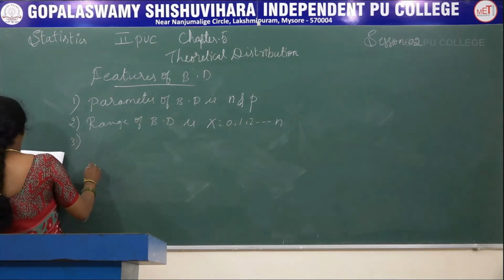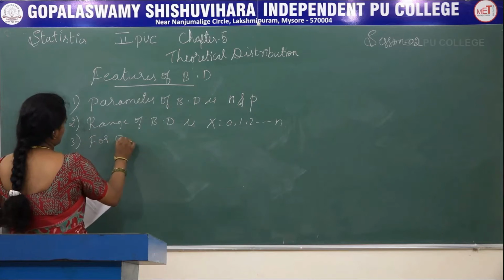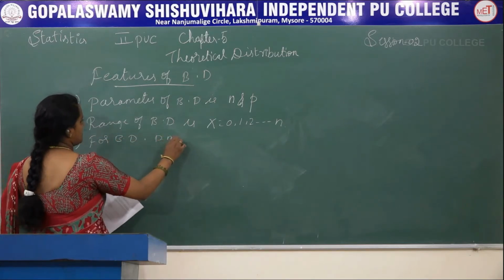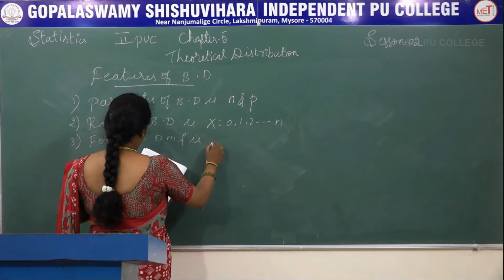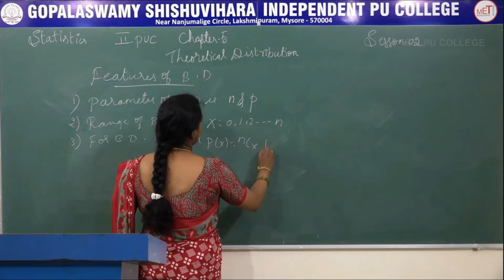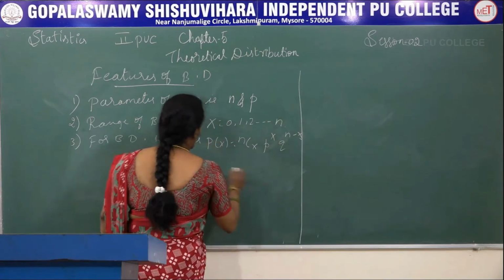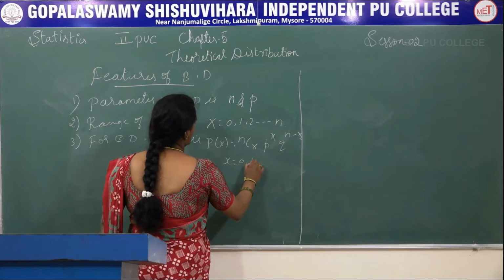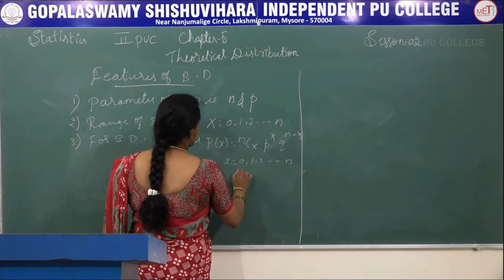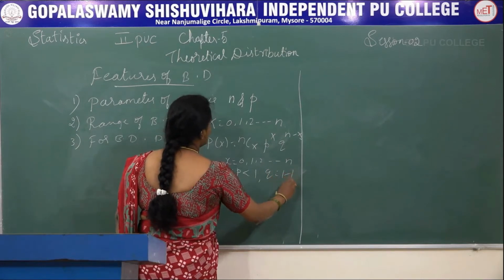And next, for binomial distribution, the PMF is P of x equals nCx p power x q power n minus x, and x can take the values 0, 1, 2, up to n, p lies between 0 and 1, and q is 1 minus p.